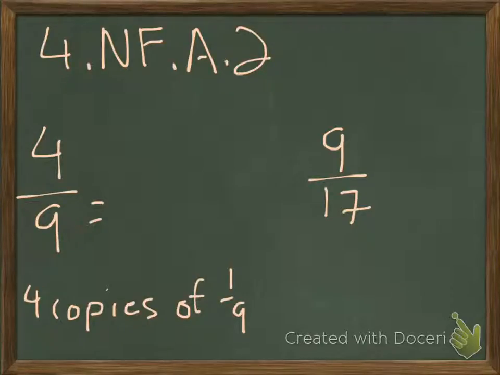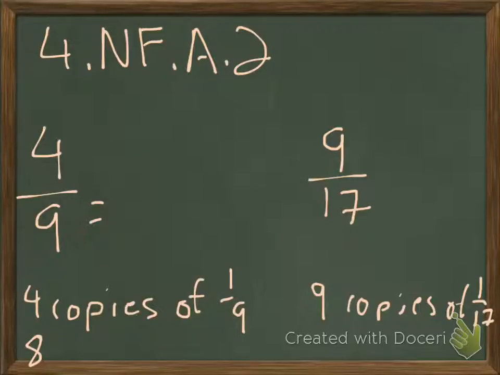And this is 9 copies of 1/17. If I double each one, I will have 8 copies and 18 copies. Now, 18 copies of 1/17 is greater than 1, but 8 copies of 1/9 is less than 1. Hence, it's easy for me to conclude that this is greater than that.